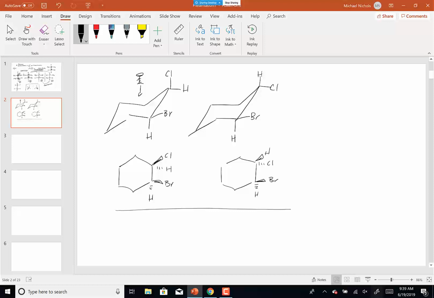So if I switch two groups one time, those two chiral carbons have opposite configurations. If I have to switch them an even number of times, then those two chiral centers have the same configuration. So for this one, since going from here to here required one change, that means that the top carbon is opposite.